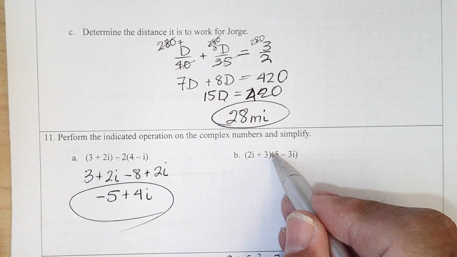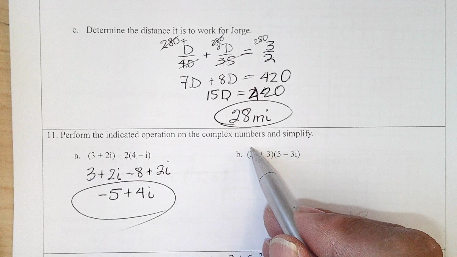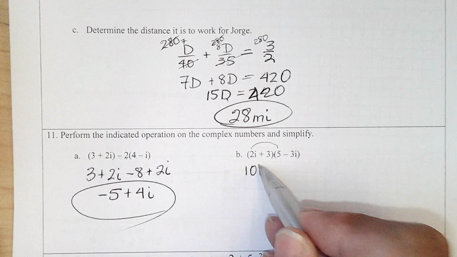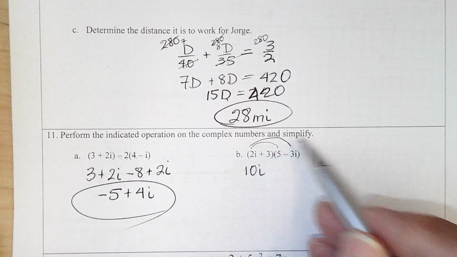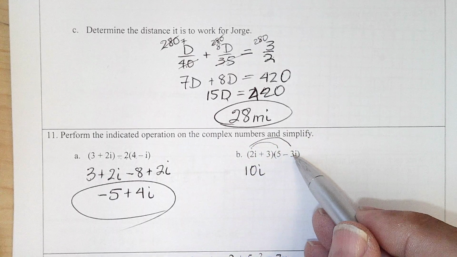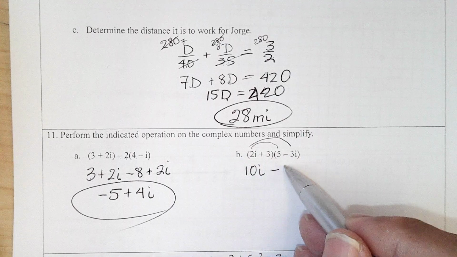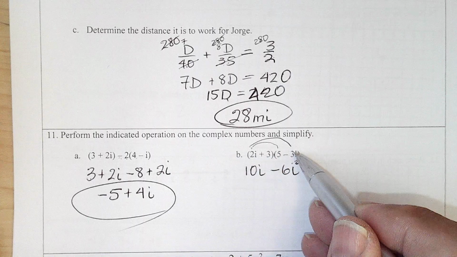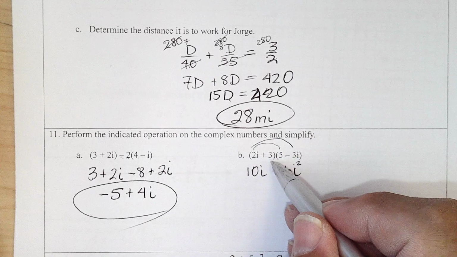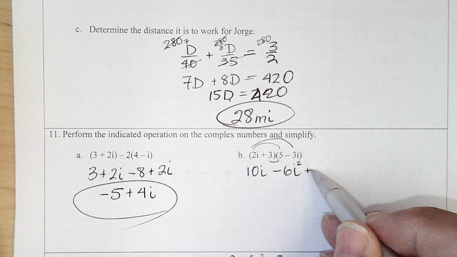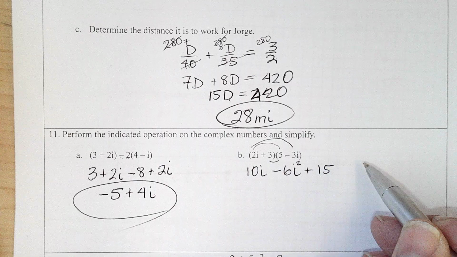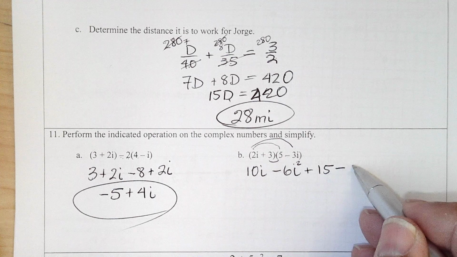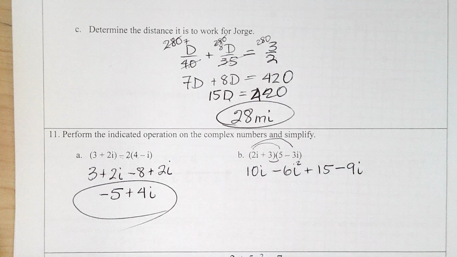Now this is times, so I've got to take 2i times 5. 2i times negative 3i, so that's negative 6i squared, i times i. And then I've got 3 times 5. And I've got 3 times a negative 3i, which is negative 9i.